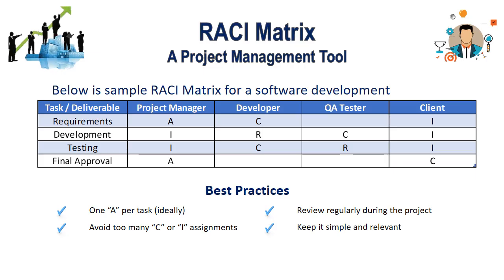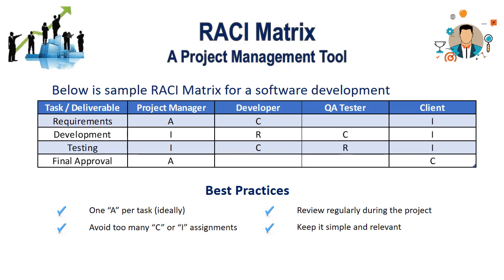Then we come to testing. Once software has been developed, the developer will inform the QA tester how to use the software, what exactly the software does. Then the tester will test all the inputs provided by the developer.